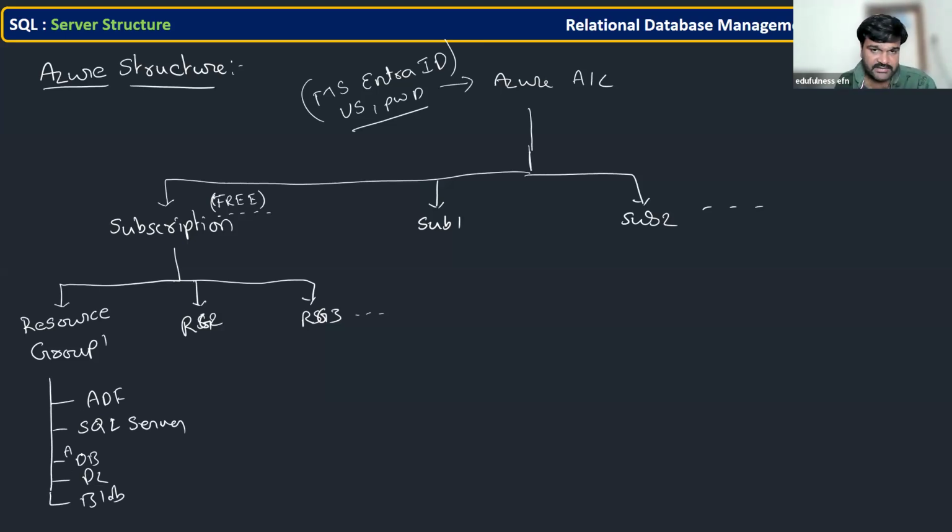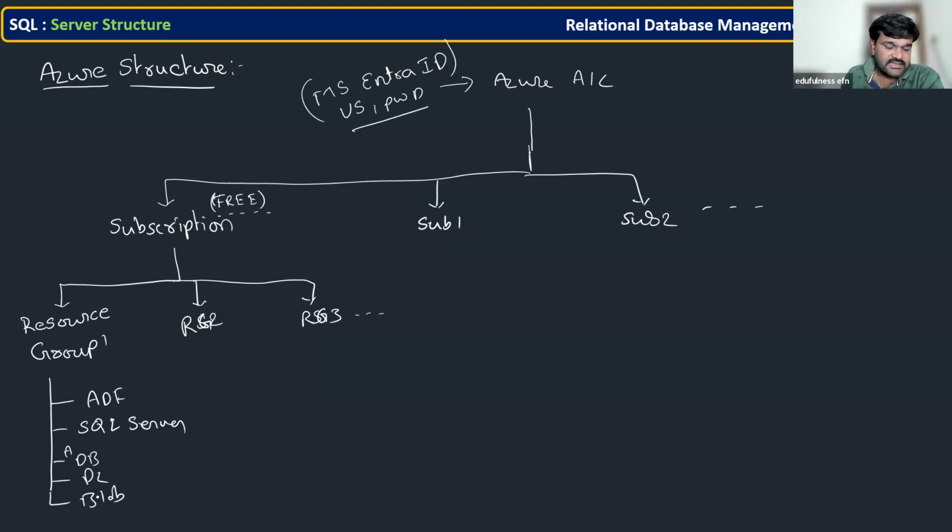Those all become the resources. All those resources should come under one of the resource groups. A resource group comes under a subscription. So a resource group is nothing but grouping all your resources under a common name. That's all. That is what the resource group is.